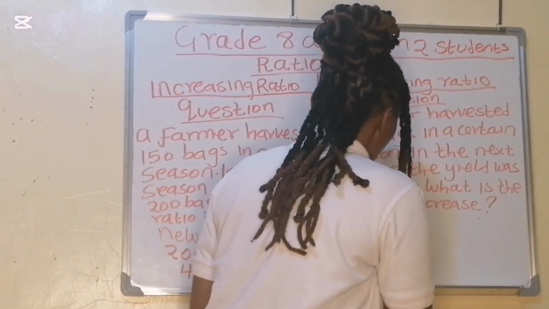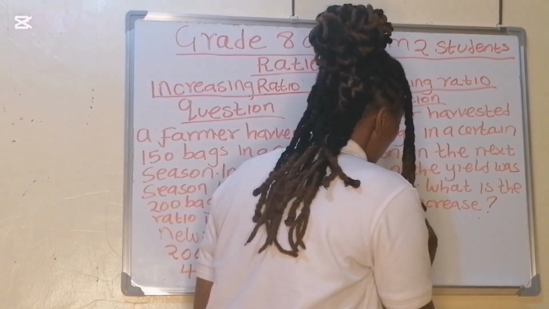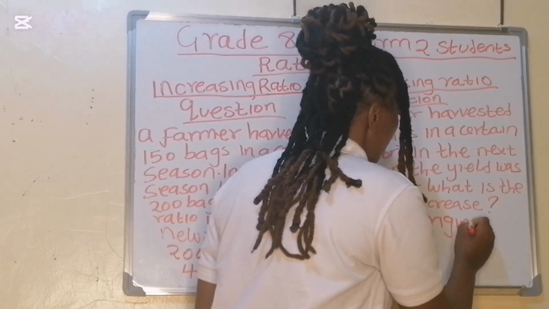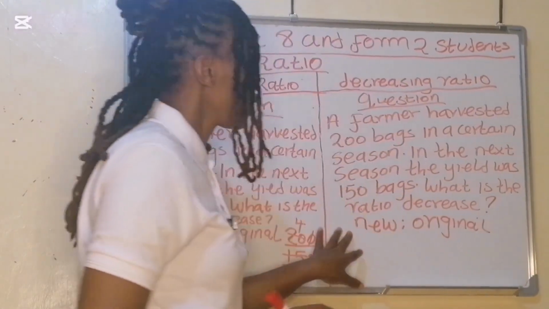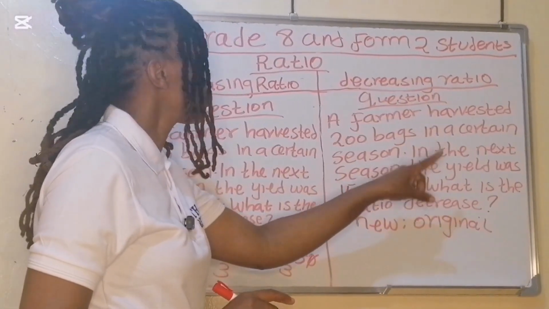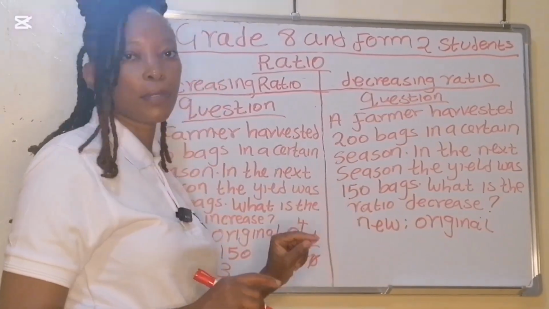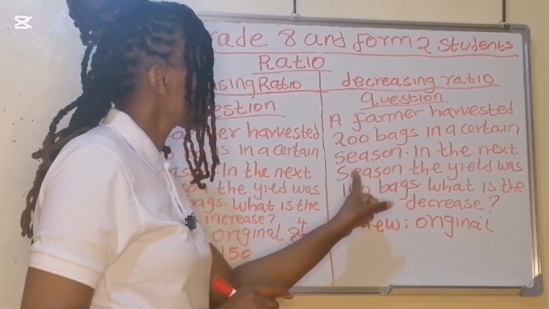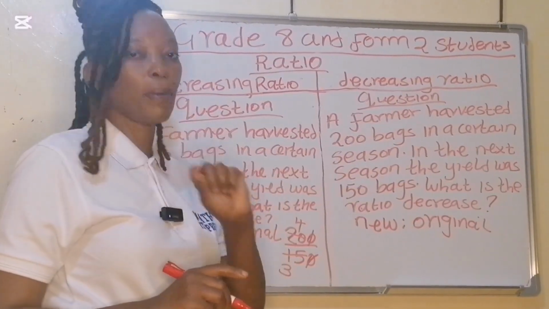Okay, let's come here. We also start with new, then original. What is new? In the next season, the yield was 150 bags.